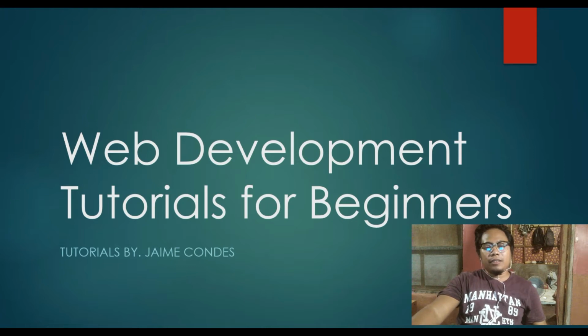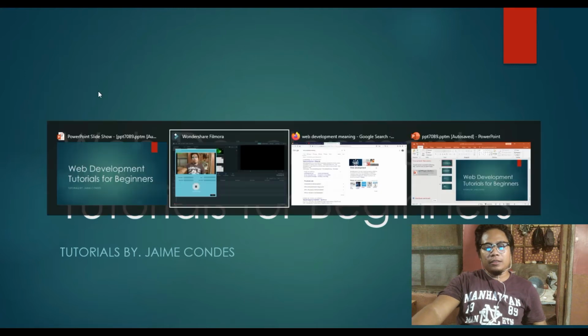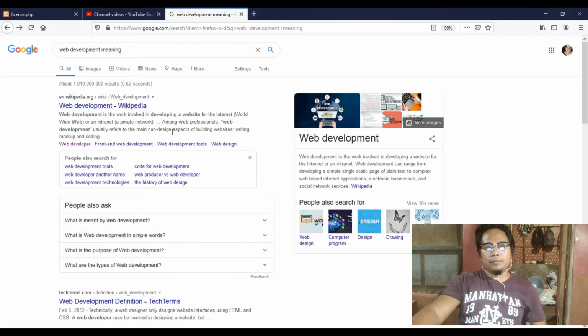But before that, I'm going to tell you the meaning of web development. So web development, according to Wikipedia, is the work involved in developing a website for the internet's World Wide Web, or an intranet, a private network.